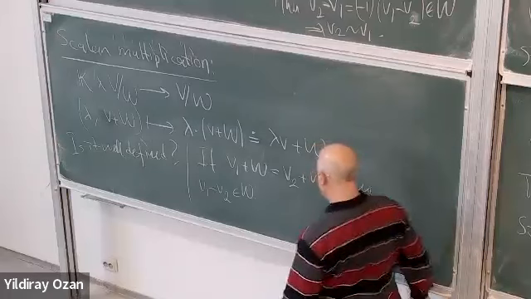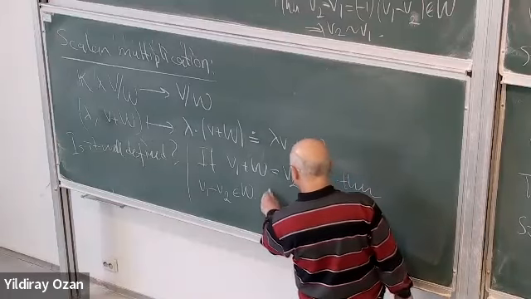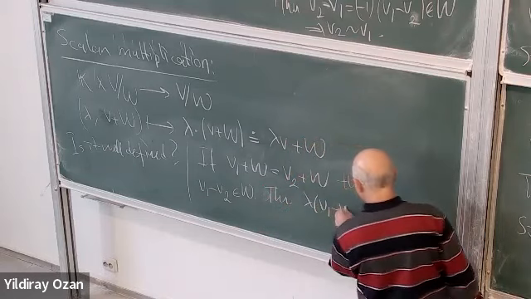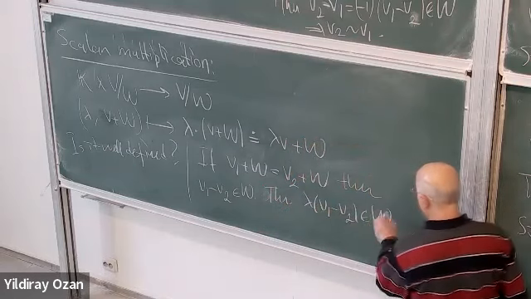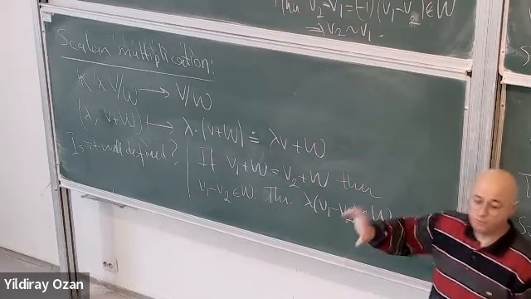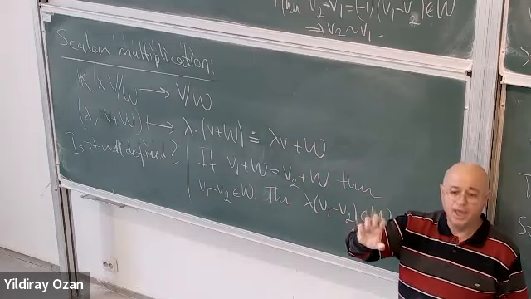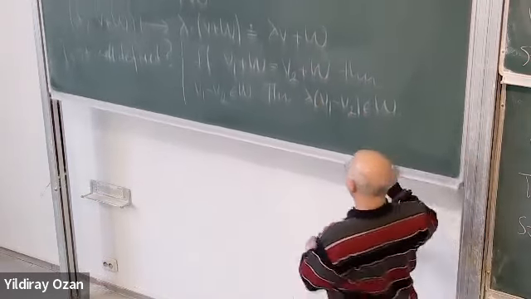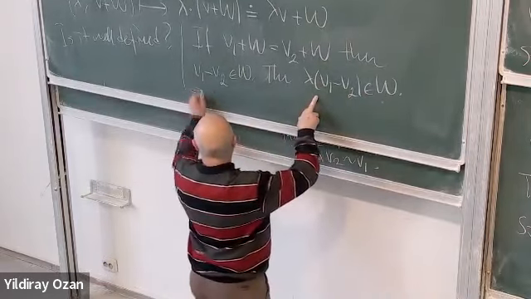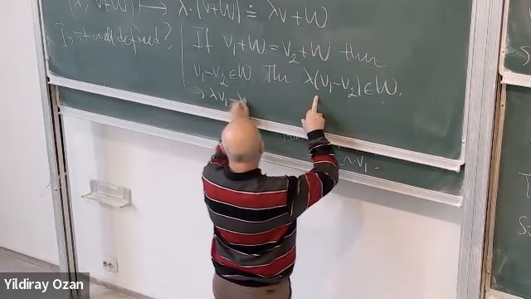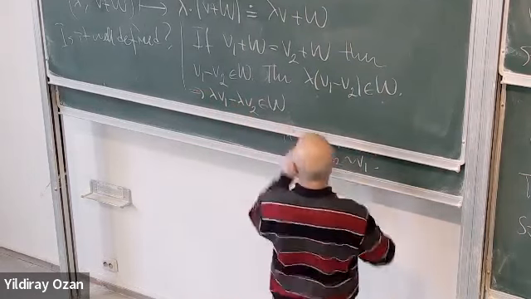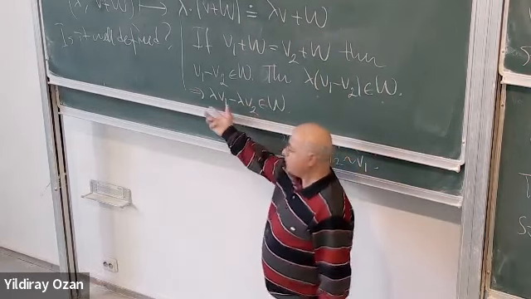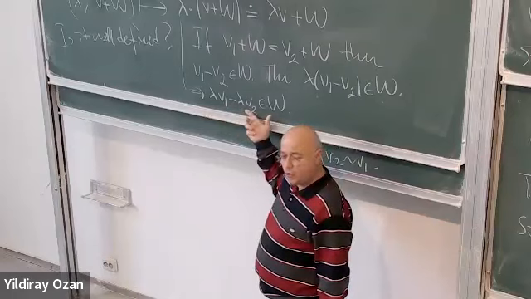Since this is the subspace, then lambda times V1 minus V2 is also in W because it's a subspace. If you have a vector in that subspace, any multiple of that vector is also in that subspace. But this means that lambda V1 minus lambda V2 is in W. But if this difference is in W, then these elements are equivalent, right?